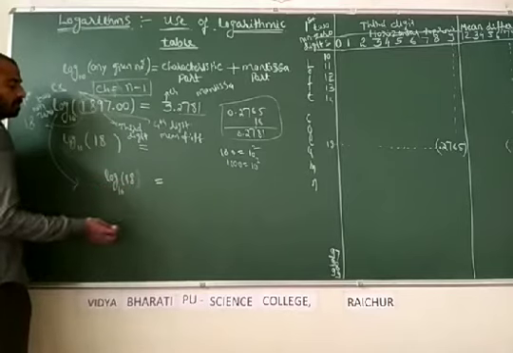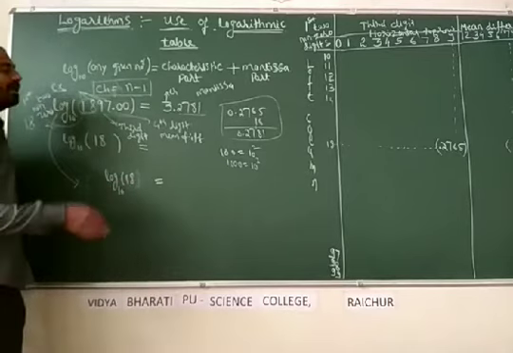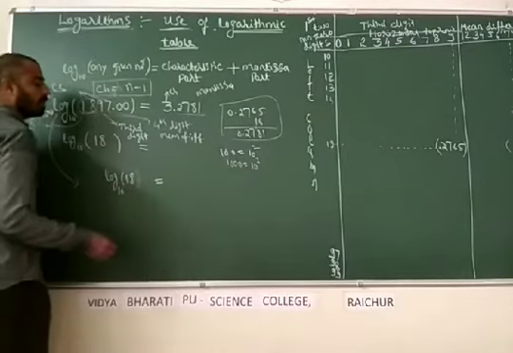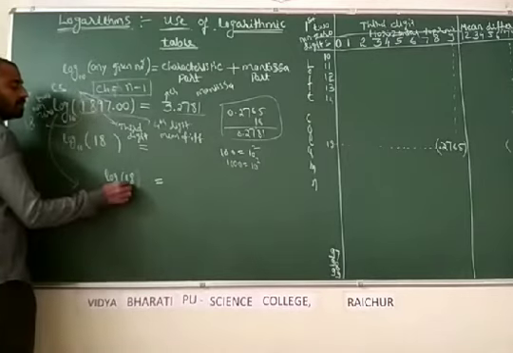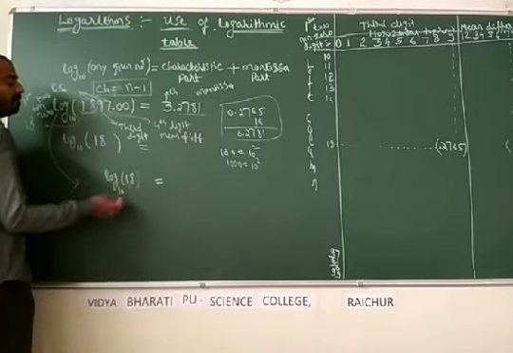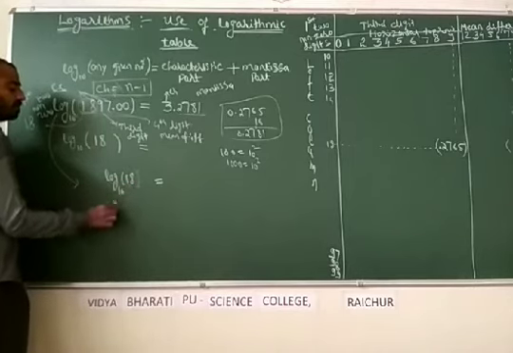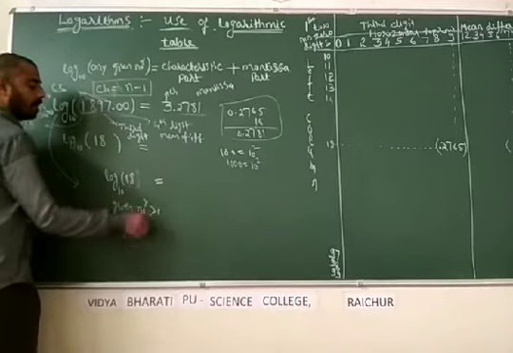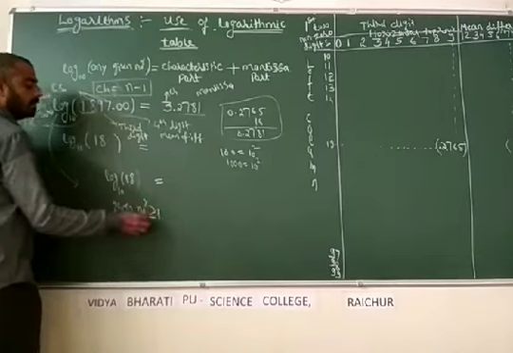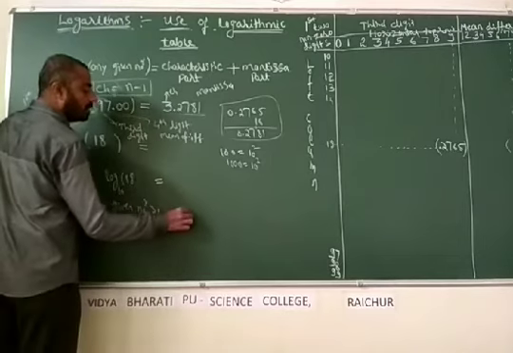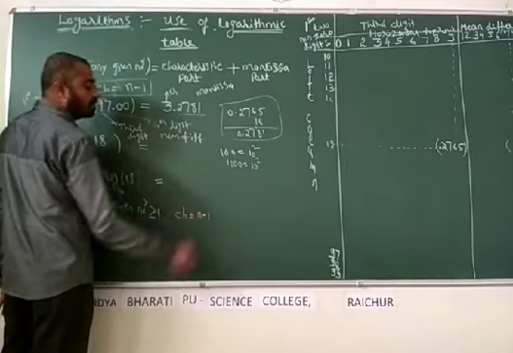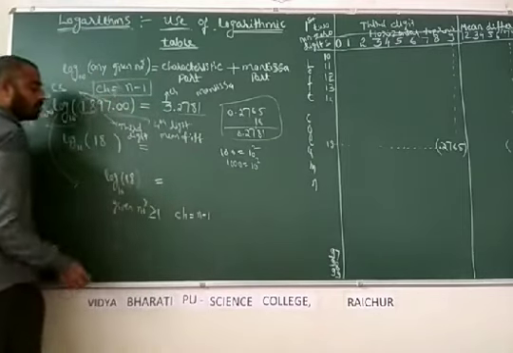There is a rule: characteristic is equal to n minus 1. Why is the n minus 1 rule to be followed? Because 18 is greater than 1. If the given number is greater than or equal to 1, then its characteristic can be found by following the n minus 1 rule.